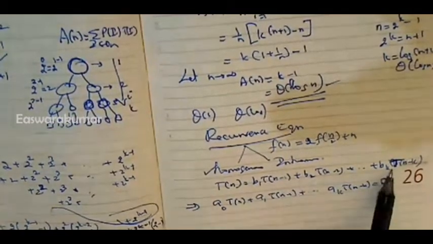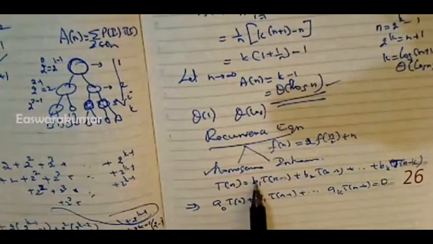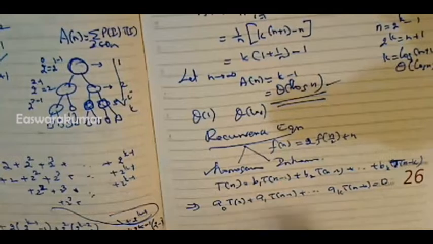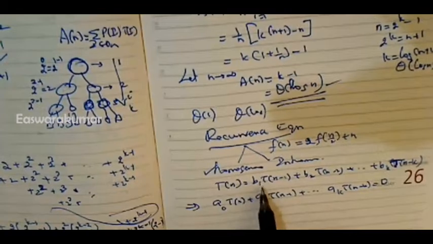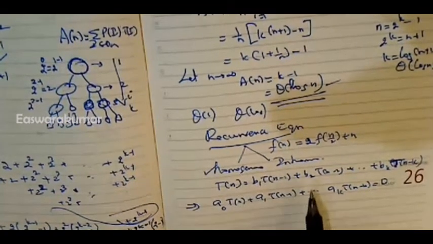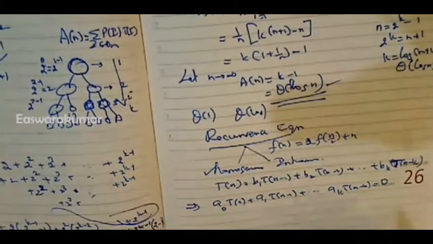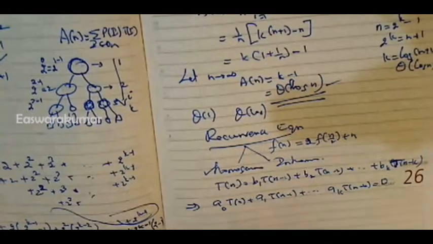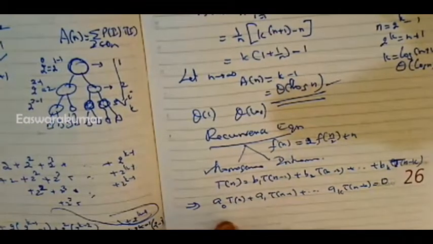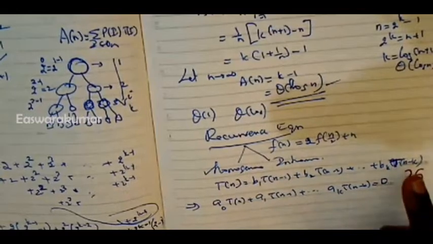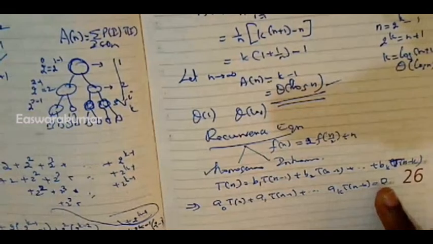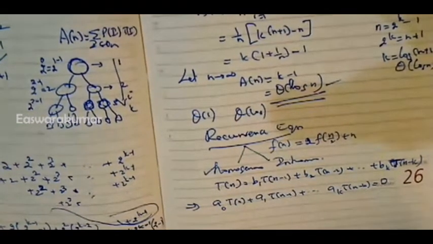These B1, B2 are constants, and I have replaced them with another variable, the A's. A0 is equal to 1, A1 is equal to minus B1, A2 is equal to minus B2, like that. We want only the general terms. Once you bring all the functions to one side, the right hand side is equal to 0. So this is the homogeneous recurrence equation.